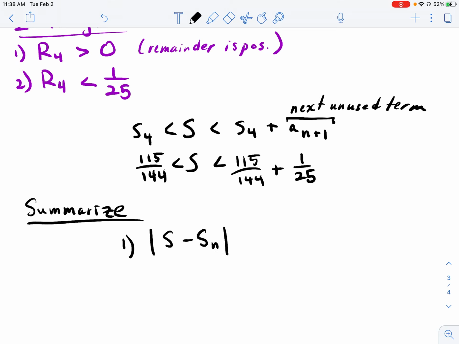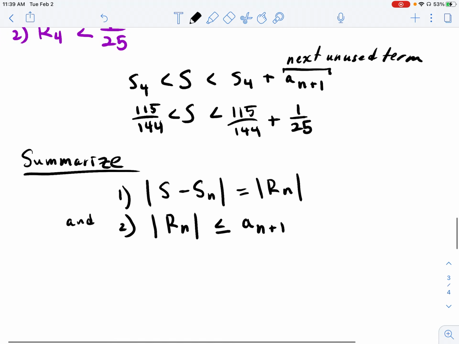In other words, how much is our partial sum, or approximation, off by our actual sum? That is our remainder, or our error. And we can then say that this remainder, or this error, how much we are off by, has to be less than or equal to a sub n plus 1.